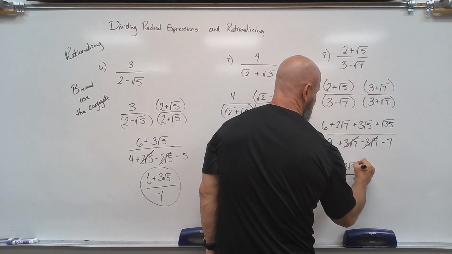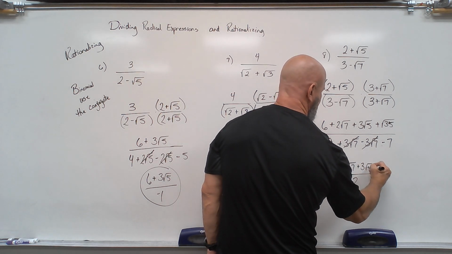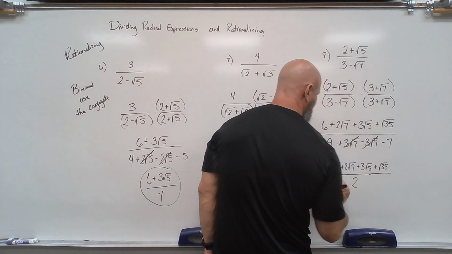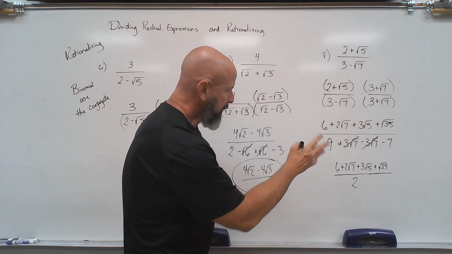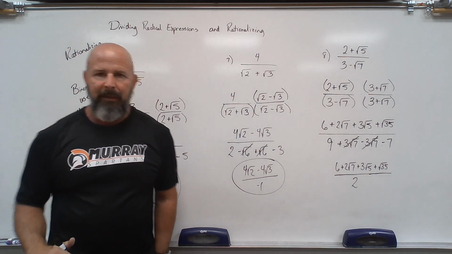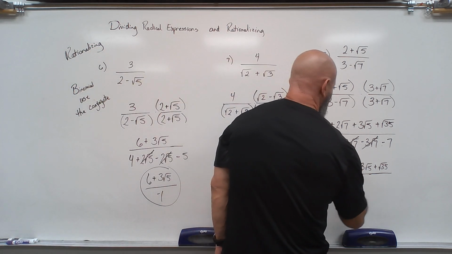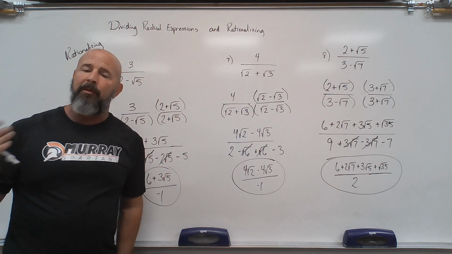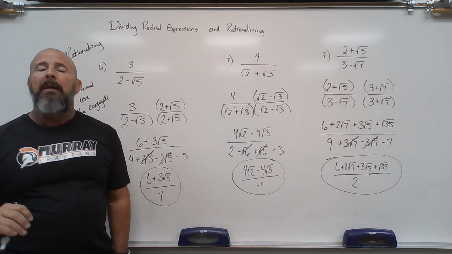And I've just got a situation here where the numerator just did not simplify. I got 4 terms up there. That's okay. If a 2 would go into each one, I'd do it. I can't do anything there. Not the best looking answer in the world, but there's no radical in the denominator. That was my purpose for the rationalizing.